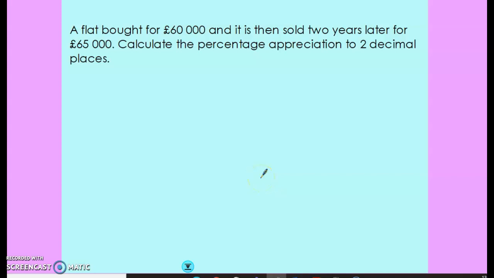Okay, so we're looking at this one. A flat's bought for £60,000. It's then sold 2 years later for £65,000. I want to calculate the percentage appreciation to 2 decimal places. The first thing I need to work out then is what my appreciation is. It's now worth 65,000.